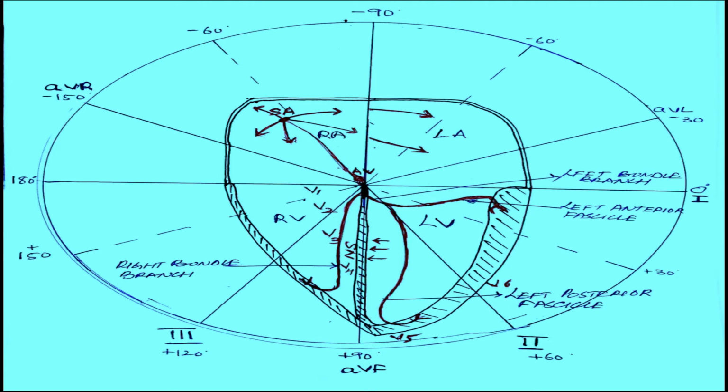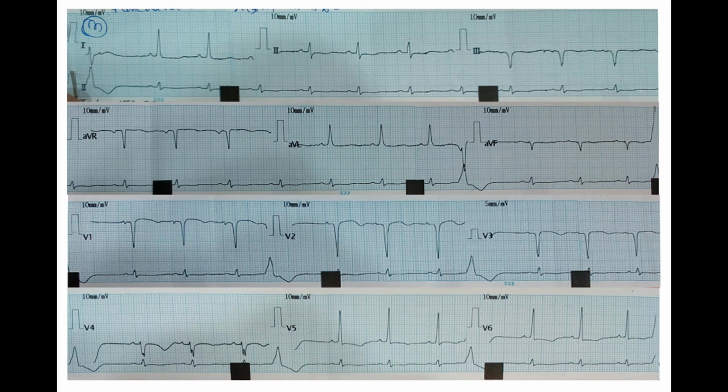Now, what is happening for lead 3 in left anterior fascicular block? Impulse is going away from lead 3. So you will see an S wave in lead 3, deep S wave in lead 2, and the axis deviation towards the left more than minus 30 degrees. And the QRS is narrow because the conduction is occurring within the chamber, intra-chamber.